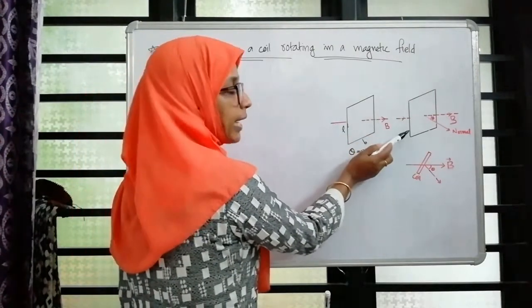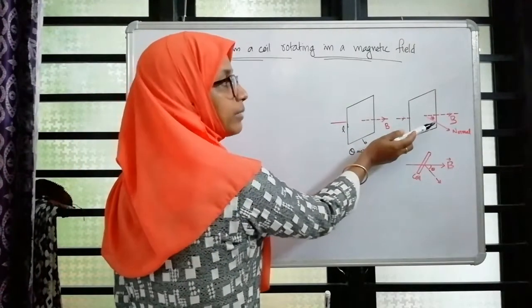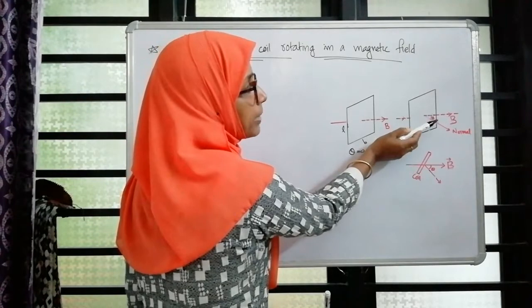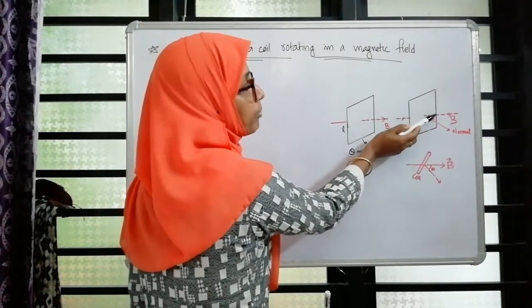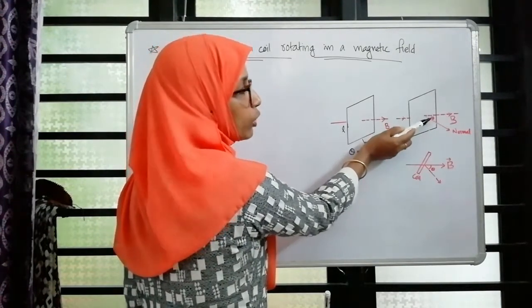Now, we can rotate the coil in that magnetic field. Then the angle between the direction of the magnetic field and the normal will be equal to theta.